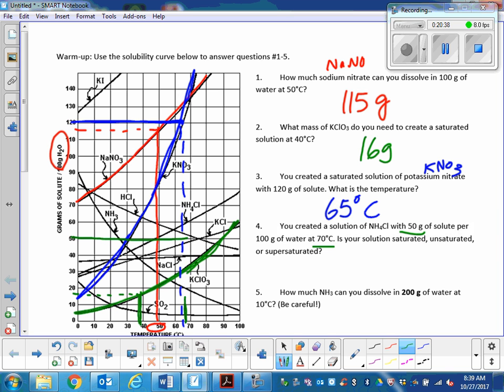Are we good? Do we understand? And we are looking at ammonium chloride. Is this point above or below ammonium chloride? What kind of a solution did you make? It's an unsaturated solution. Are you able to decide that? Did everybody understand how I came to that conclusion?